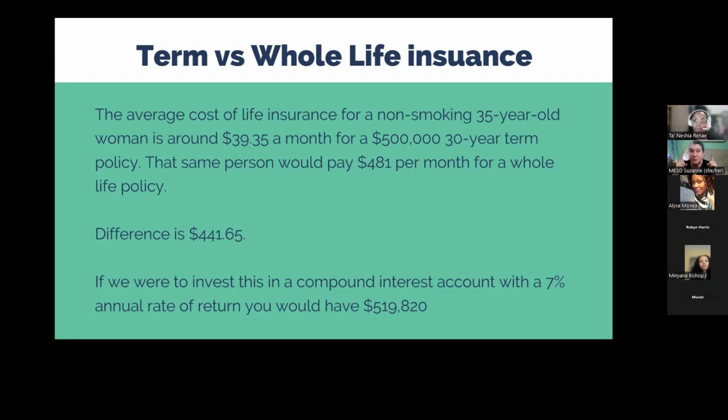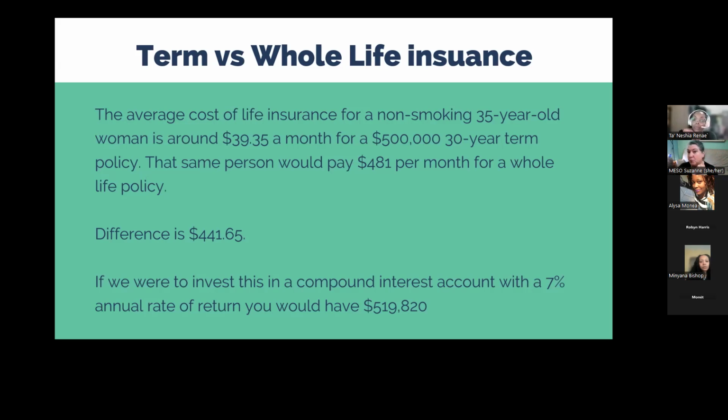But that being said, if you have a whole life already, that does not mean I want you to cancel out of that. That's a huge process. If you ever want to switch over from whole life to term or just get out of your whole life, you need to make sure that you do it right, because especially if you've only had it for a couple of years, whole life front loads all of the fees associated with it.